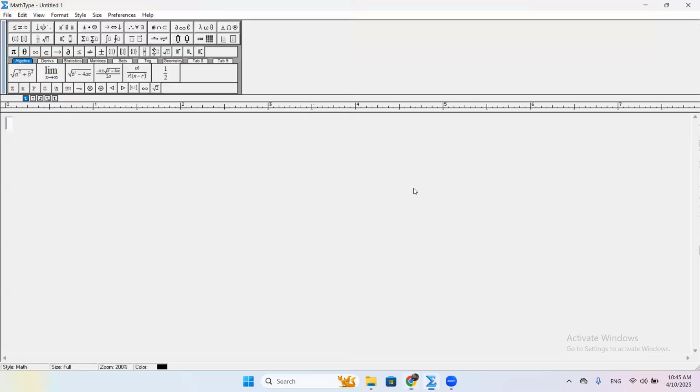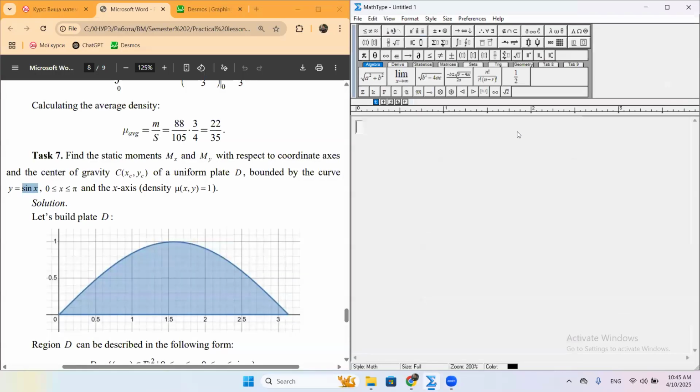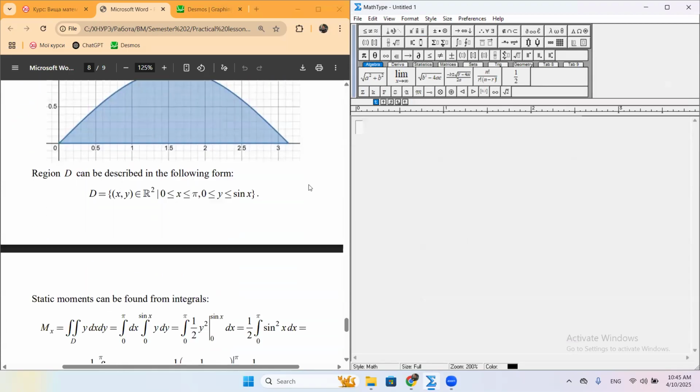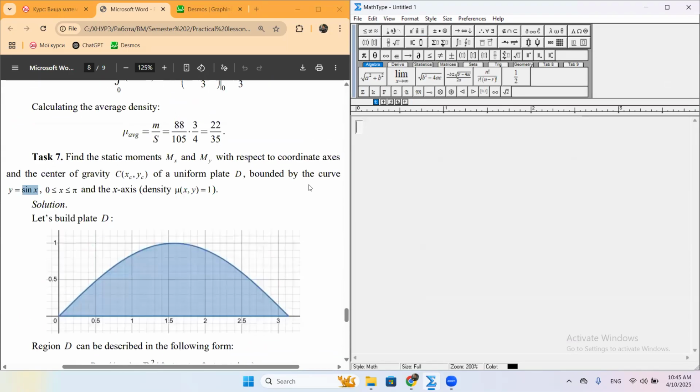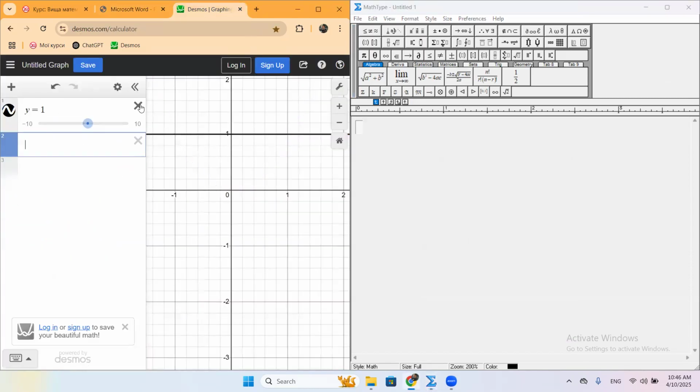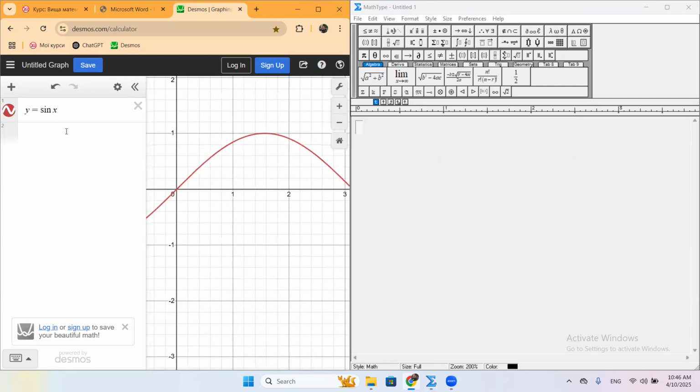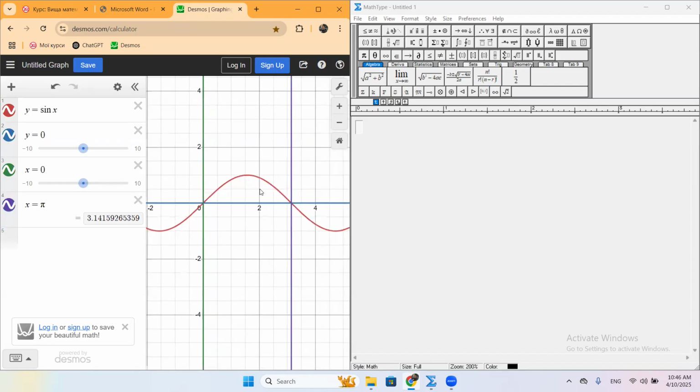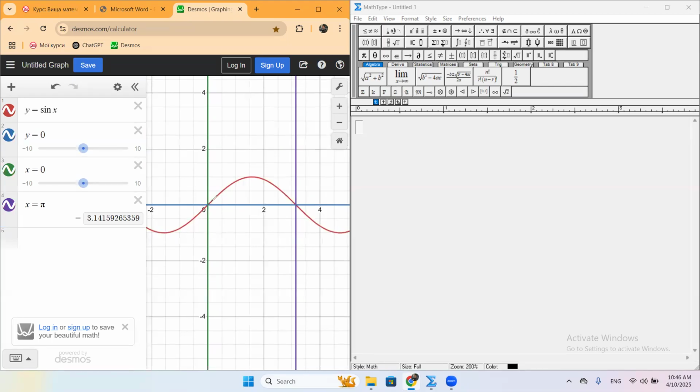So actually, first of all, let's plot this region. So y equals sine of x, y equals 0, x equals 0, x equals pi. So we have such a segment, this plate.